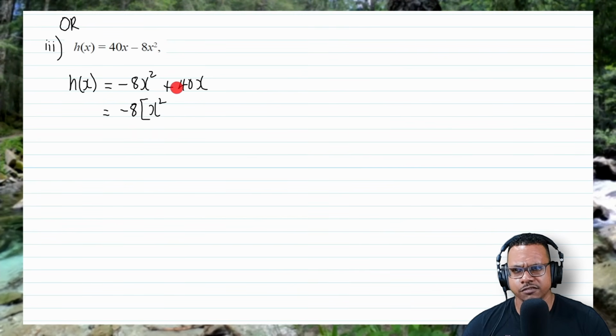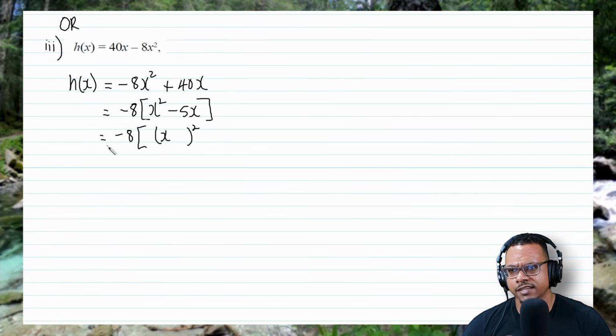And we're going to divide positive 40x by negative 8 and get negative 5x. All right, I'm going to close brackets here now. So now I'm going to set up my brackets for the perfect square. I'm going to write back the x. Okay, I'm going to bring down this negative sign.